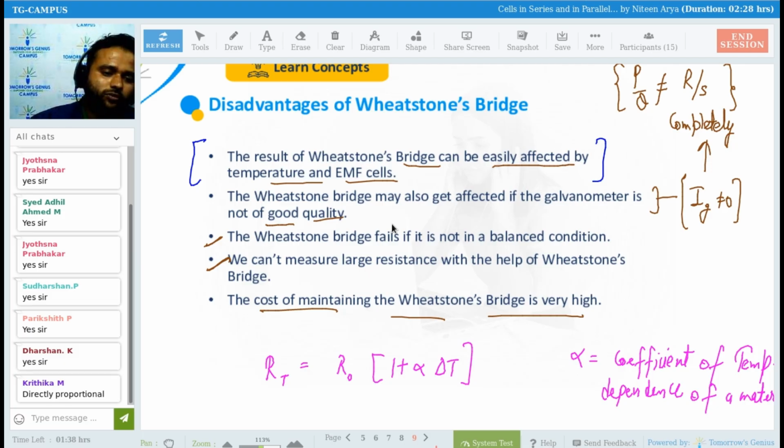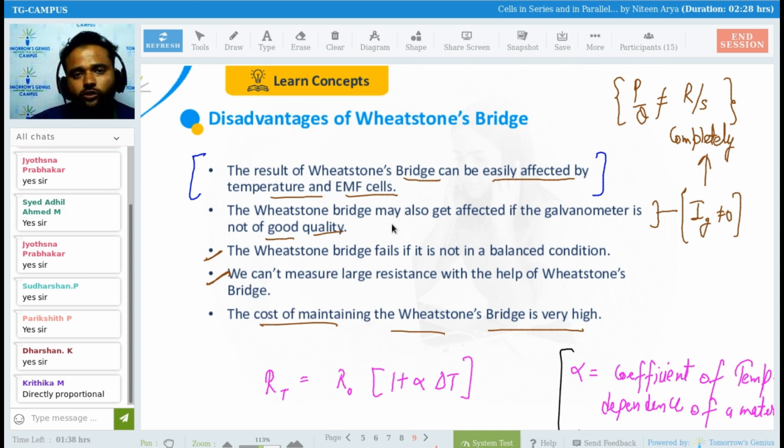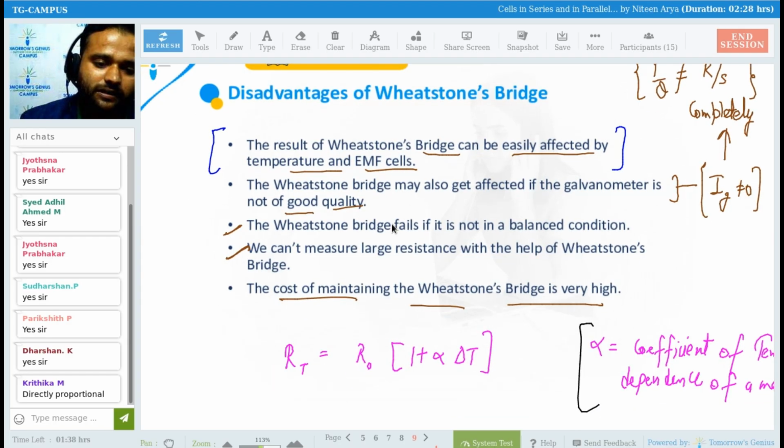So what are we going to get from this relation? The moment you increase temperature, automatically the resistance is going to change, and we cannot fulfill the KVL condition, as simple as that. That's why I asked you this.